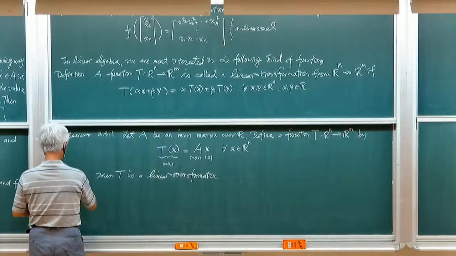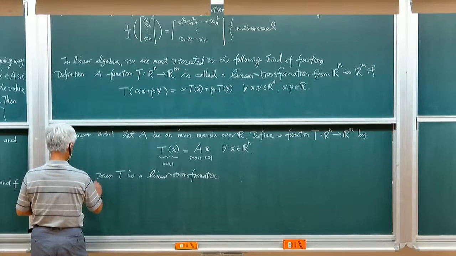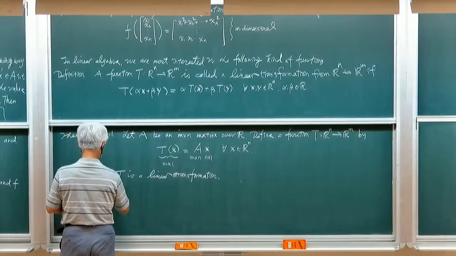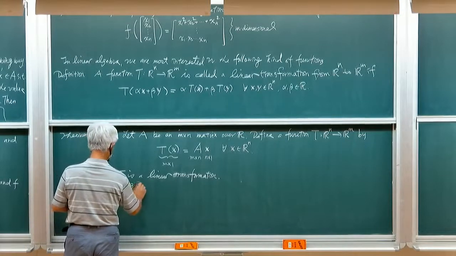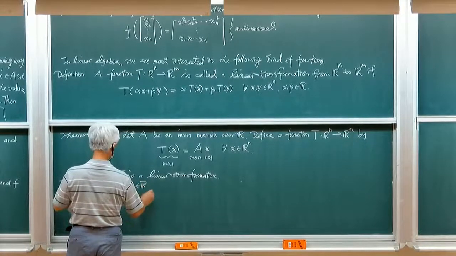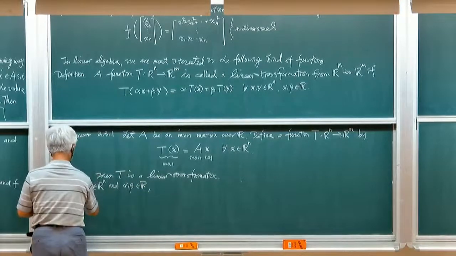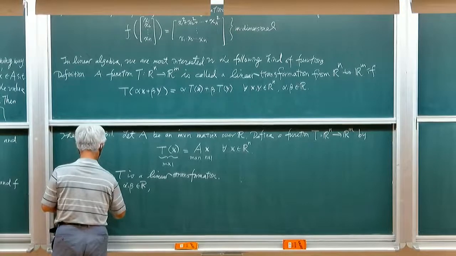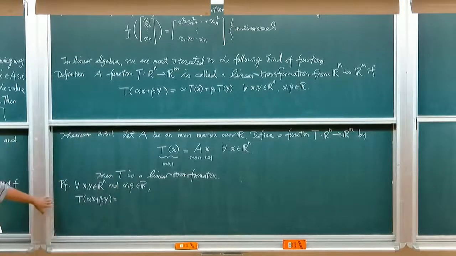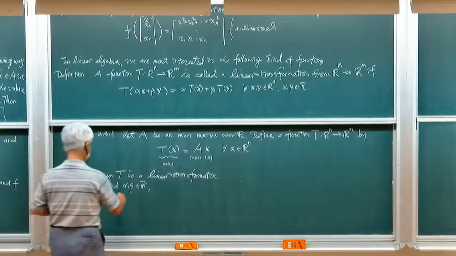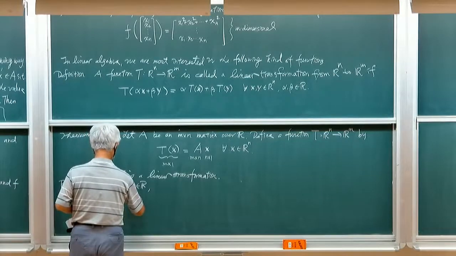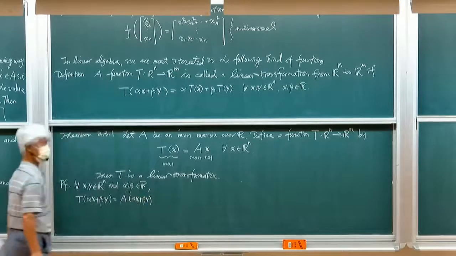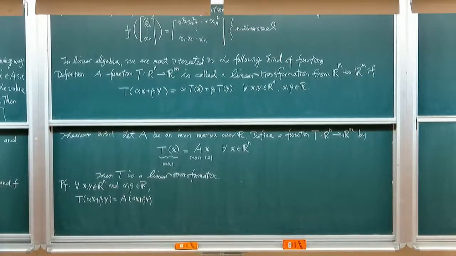Now for all x, y in Rn and alpha, beta real, then T of alpha x plus beta y is equal to A multiplied with alpha x plus beta y, by definition.